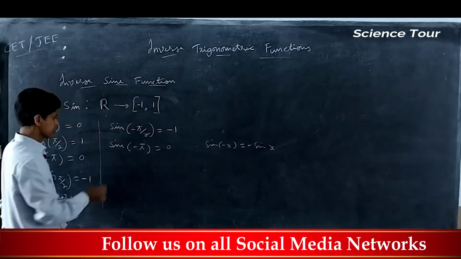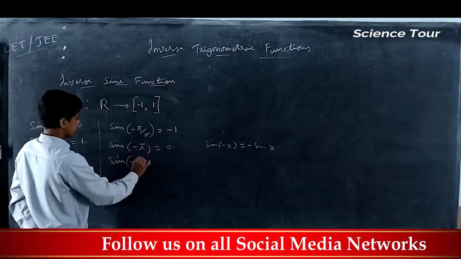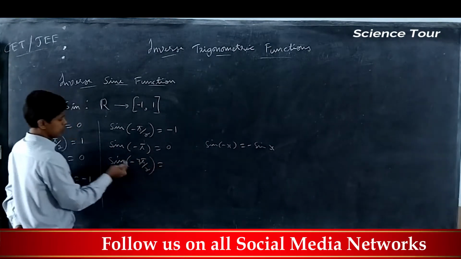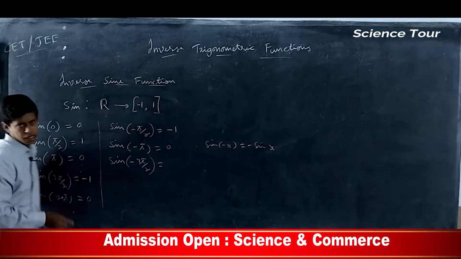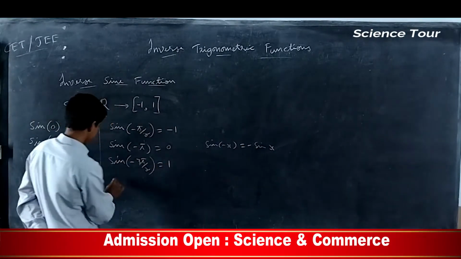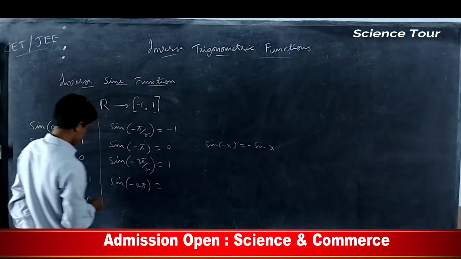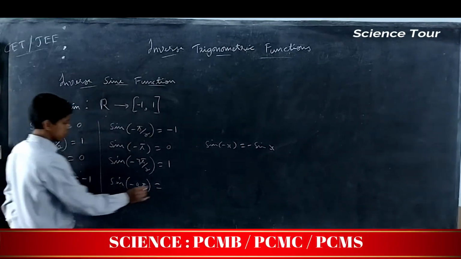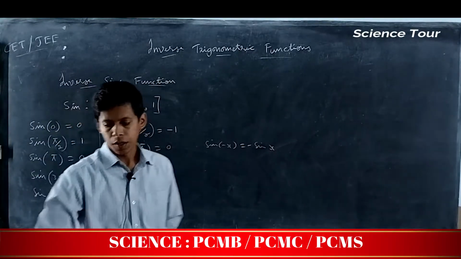Then what about sine minus 3 pi by 2? That will be minus sine 3 pi by 2, so minus of minus will be +1. And sine minus 2 pi is 0.